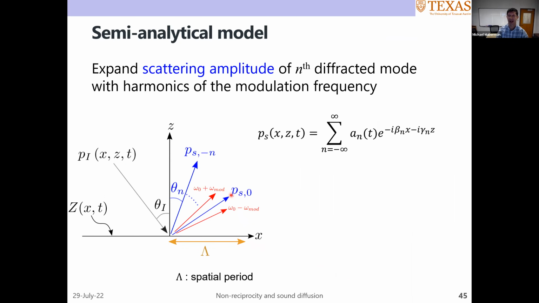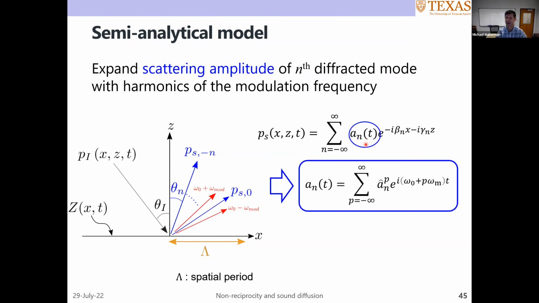So how do I handle that? Let's look at the scattered field. We know it's a summation of all of the backscattered orders, which depends on both the diffraction orders as well as the modulation harmonics. We can express those modulation amplitudes as a Fourier series. So for every diffracted order, there's also a modulation harmonic, and those depend on omega naught, which is the incident energy, plus P times omega m, which is the modulation frequency.